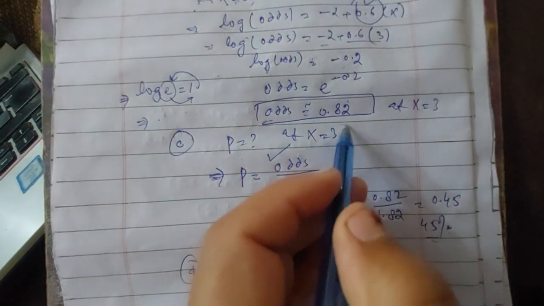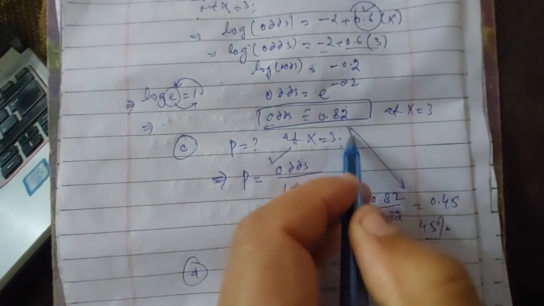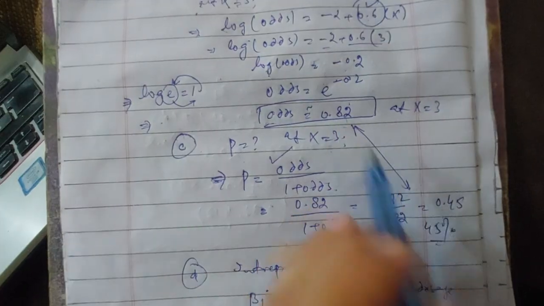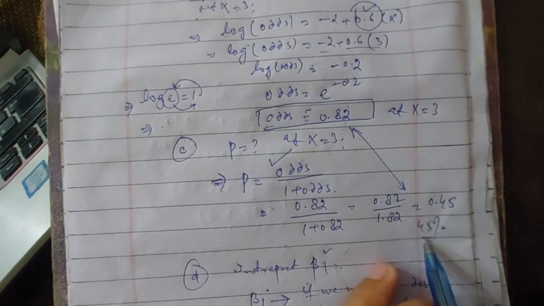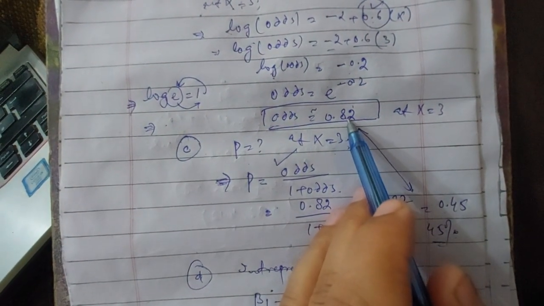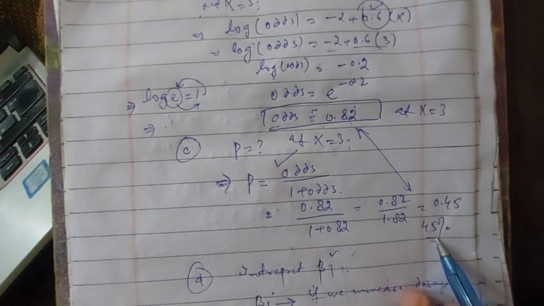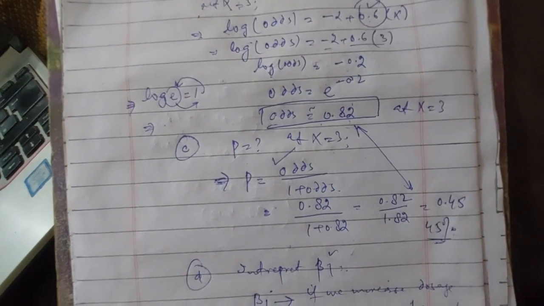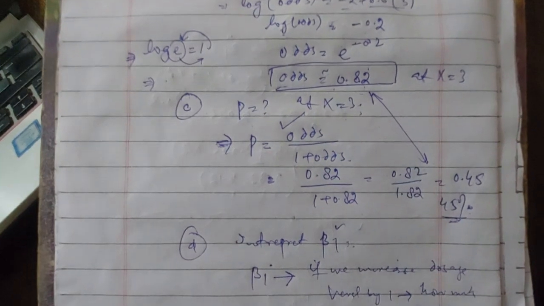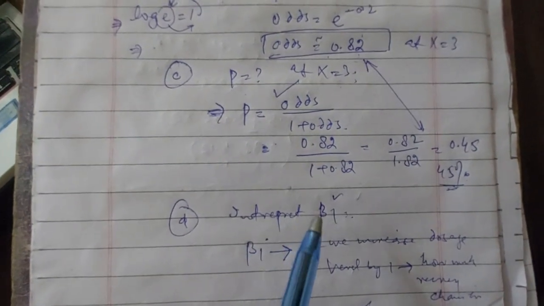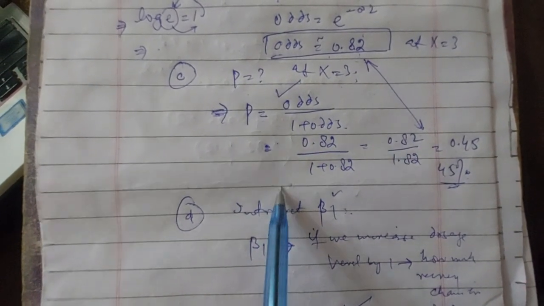If we compare both these two, one says 82% and the other says 45%. This is 82% success more than failure, and this is only the percentage of success. Then we can use the odds ratio to interpret beta 1.